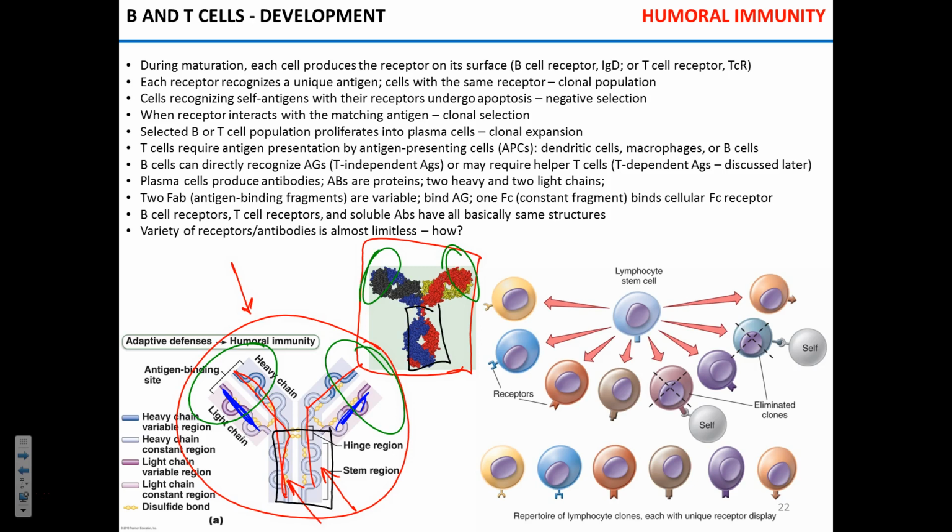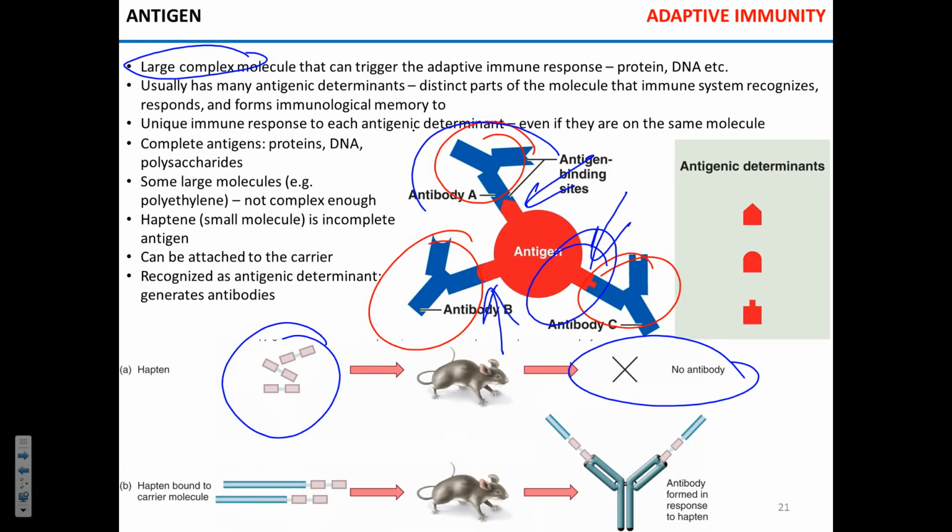Alright? FAB. AB stands for antigen binding fragments. FC stands for constant fragment. So as you can guess from the name, two FAB fragments can bind the antigen, right?